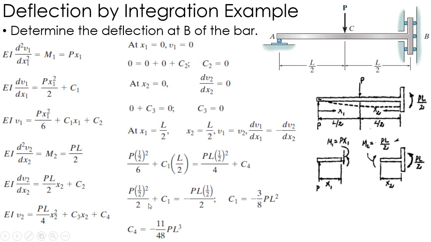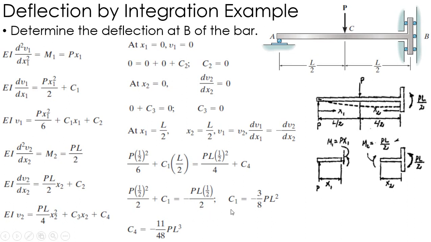This next equation I have here is the fact that the slopes have to equal negative each other. So I plug in L over 2 for x1, and I plug in L over 2 for x2 in the slope equations and set them equal to one another. So that's where this negative sign comes from.